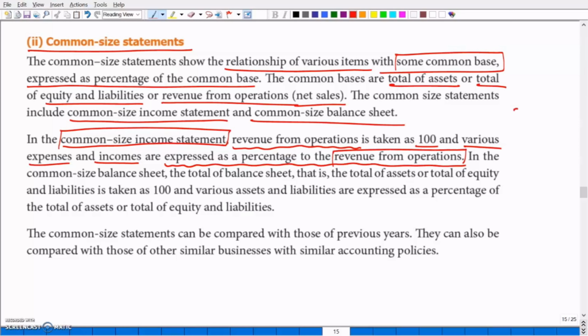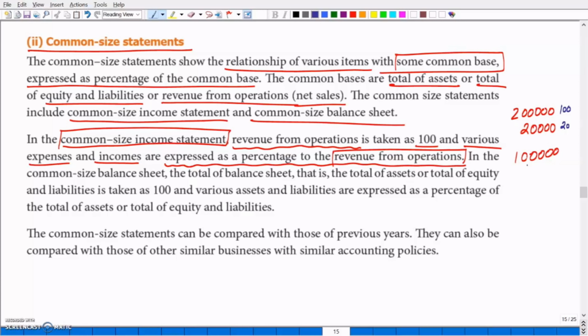So if your revenue from operations is 2 lakhs, and let's say you have some other income of 20,000 and some expenses of 1 lakh, then what happens? This 2 lakhs will be equated to 100, and for the other income, if 2 lakh is 100, what is 20,000? It will be equated to 20.